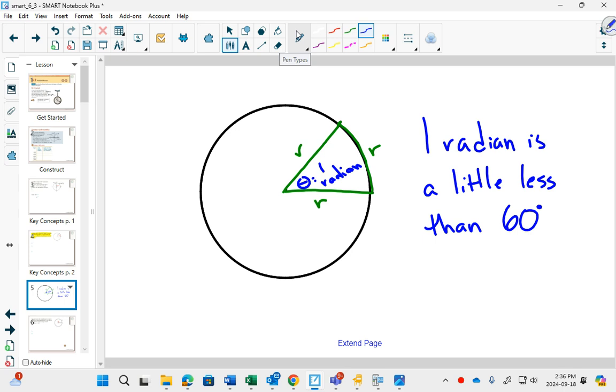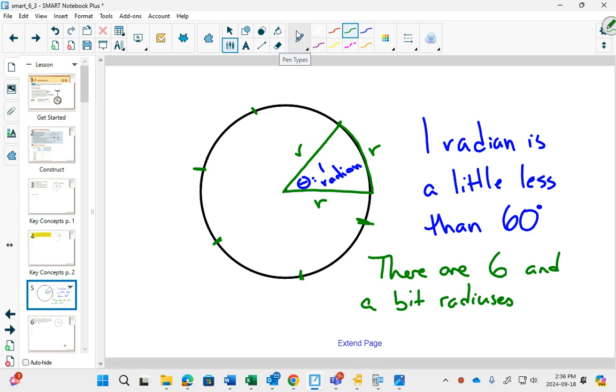Now if I go all the way around the circle in radians, I have 1 here, I take that string, measure another one, and another, and another, and another. So we'll start off with there are 6 and a bit radiuses, and every radius is a radian.